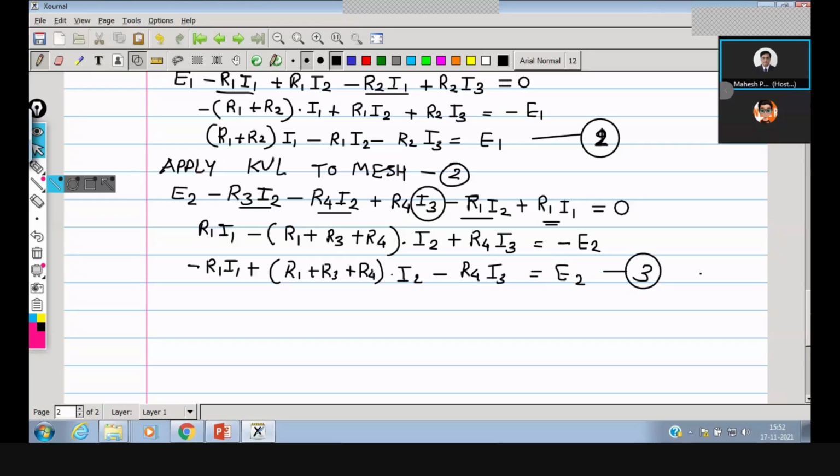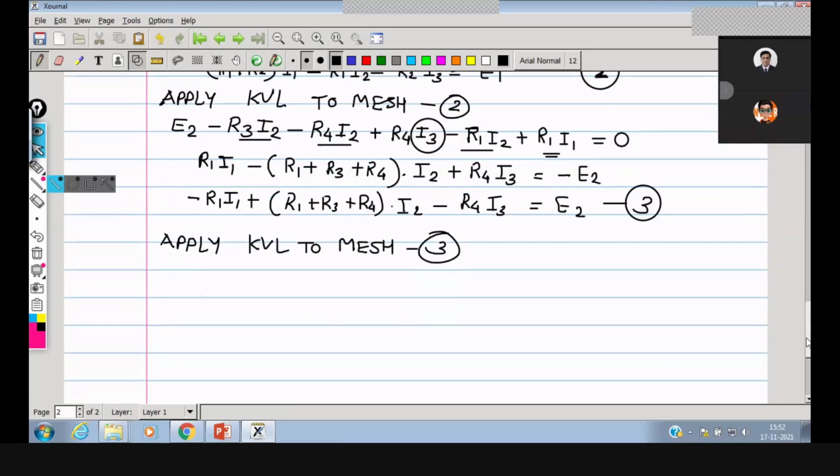Correct? Similarly, we'll apply KVL to mesh 3. Mesh 3. Okay.